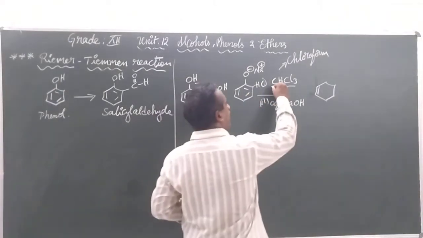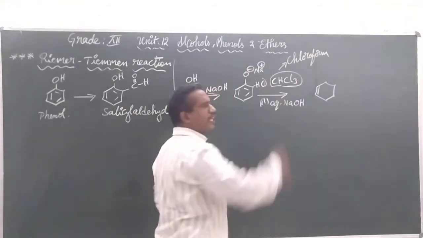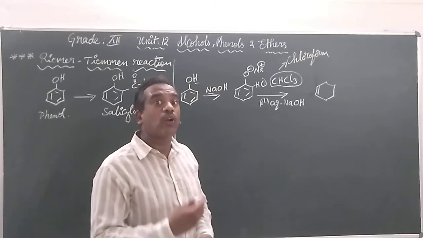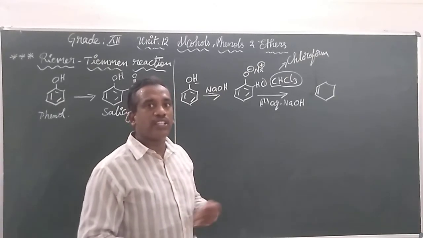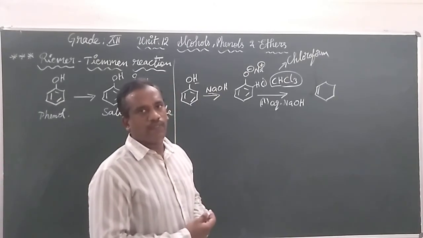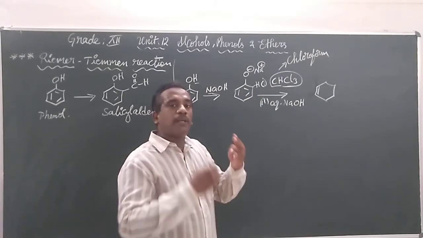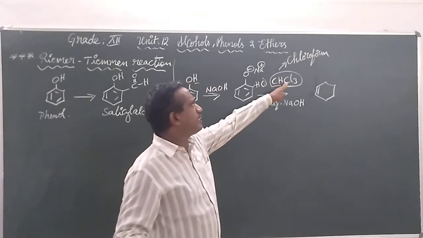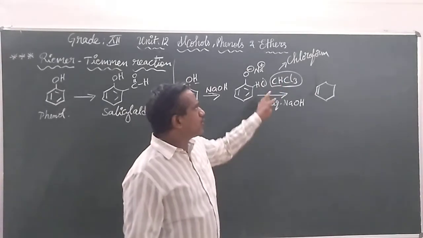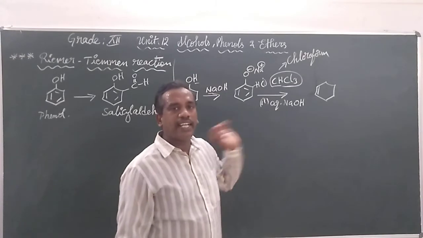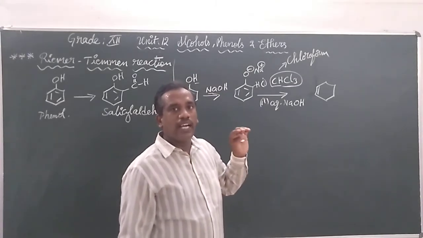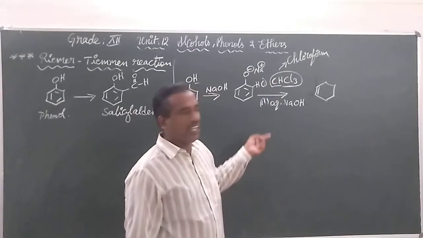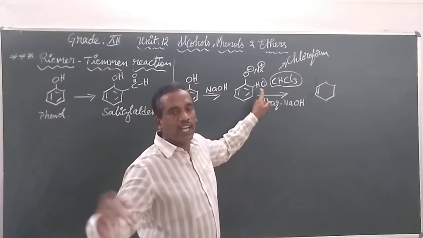This entire part is going to enter into the reaction as an electrophile, and the hydrogen will be substituted, because this is the entering electrophile and the hydrogen is the leaving electrophile.